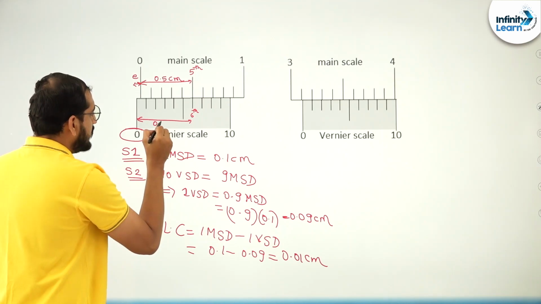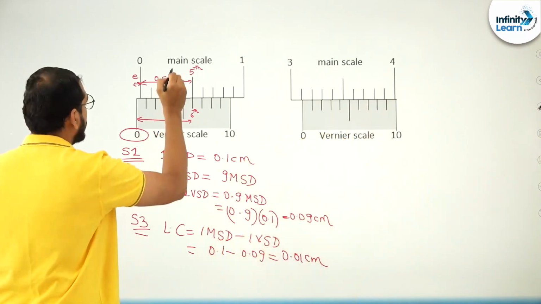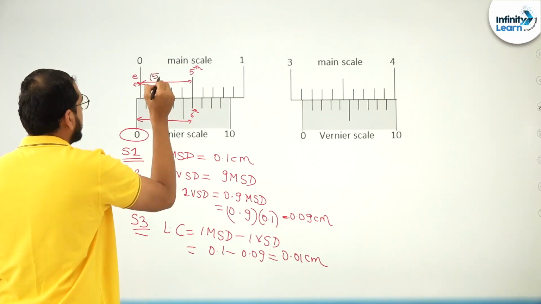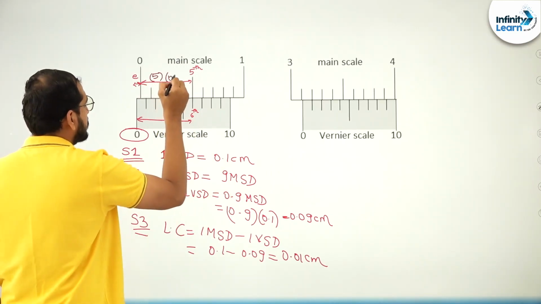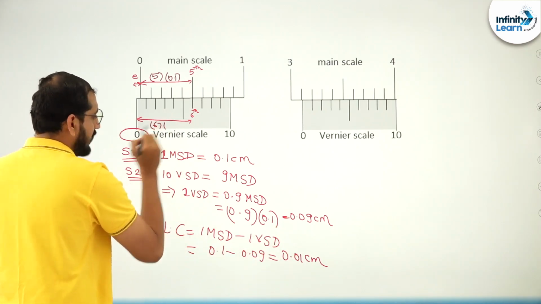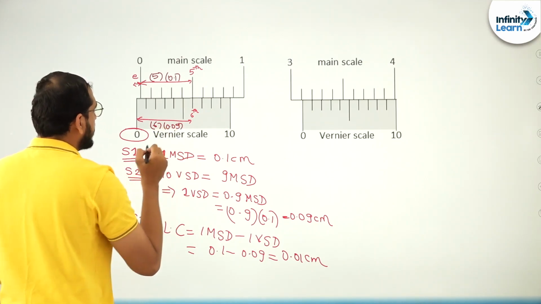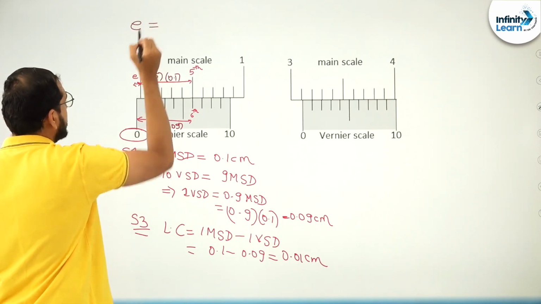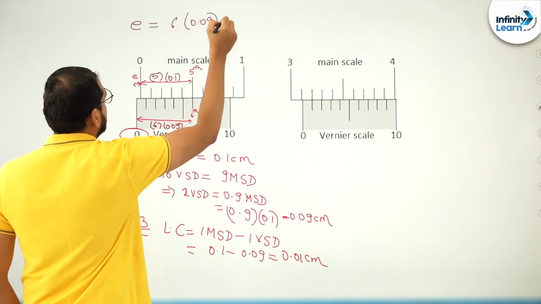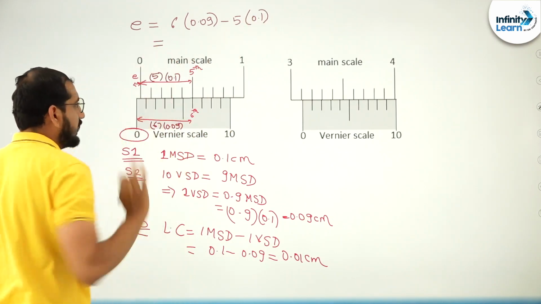I'll write it down here: 5 multiplied by 0.1, and here 6 multiplied by 0.09. So the value of e can be given as 6 into 0.09 minus 5 into 0.1. This will give you the value of e.